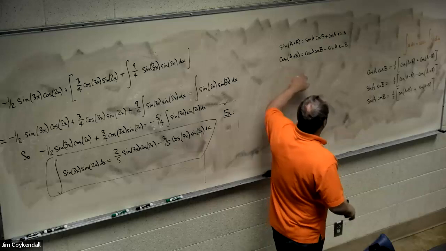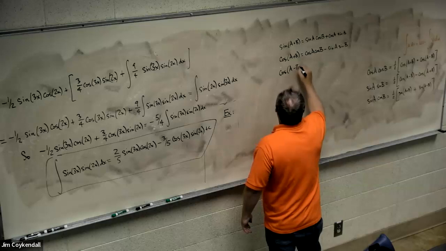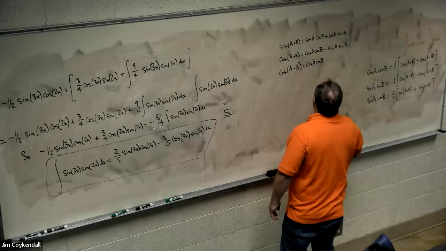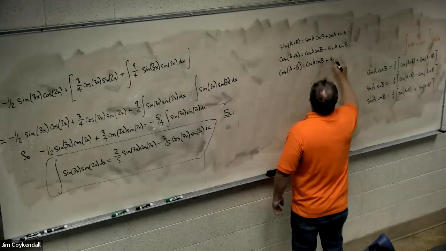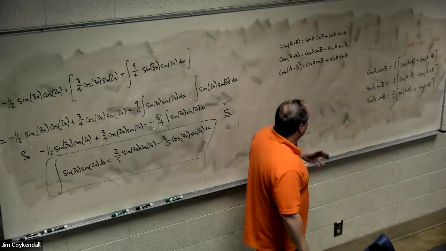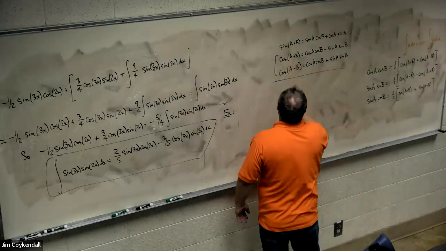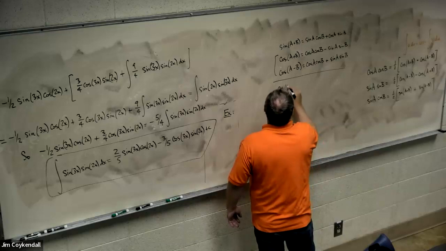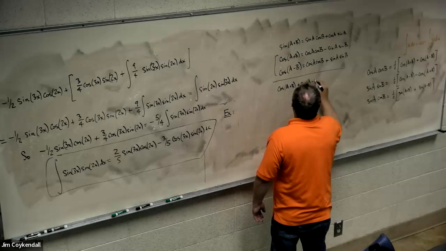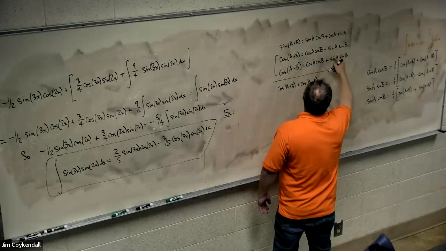And for example, for this first one right here, it turns out cosine of A minus B is cosine A cosine B plus sine A sine B. So for example, this first identity comes from, if you add these two equations right here, you get cosine of A plus B plus cosine of A minus B. Adding these two, notice on the other side, these two terms cancel out.